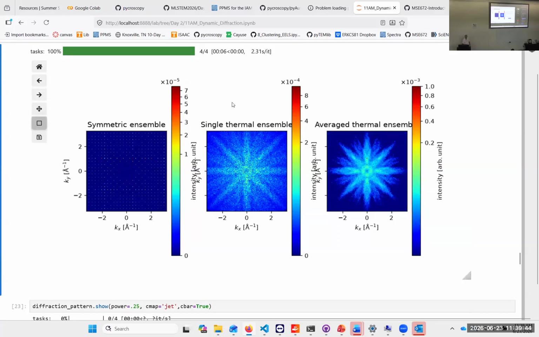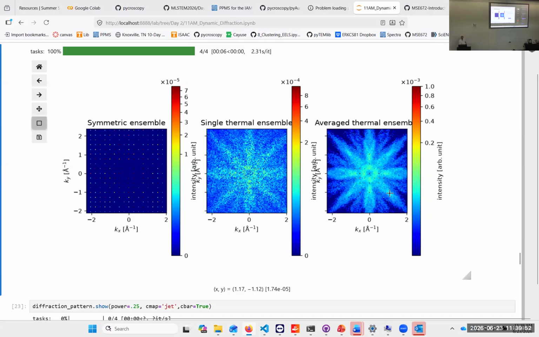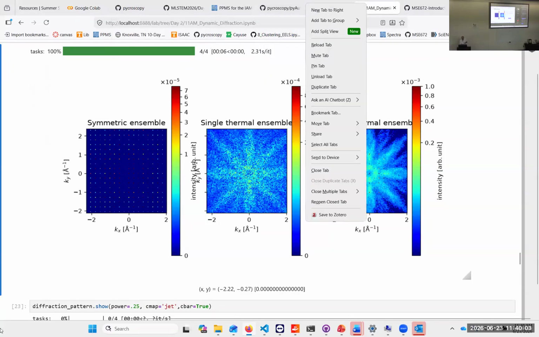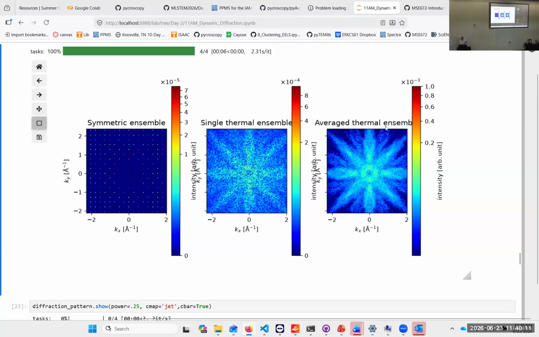Then we see actually that they already have a symmetry part included, right? We have a fourfold symmetry part included.